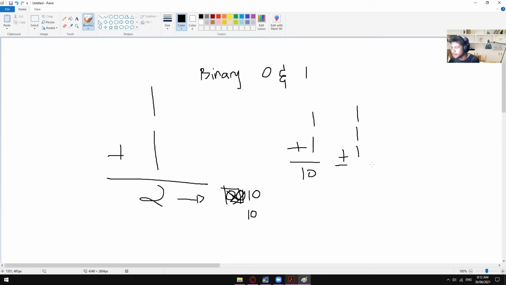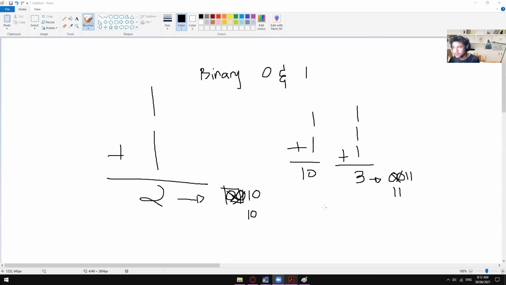The 3 ones, so in here this should be 3, right? But in binary, it's 0, 0, 1, 1. You can remove the leading zeros again, so the final answer would be 11, or 1, 1. Are you getting the idea now, guys?